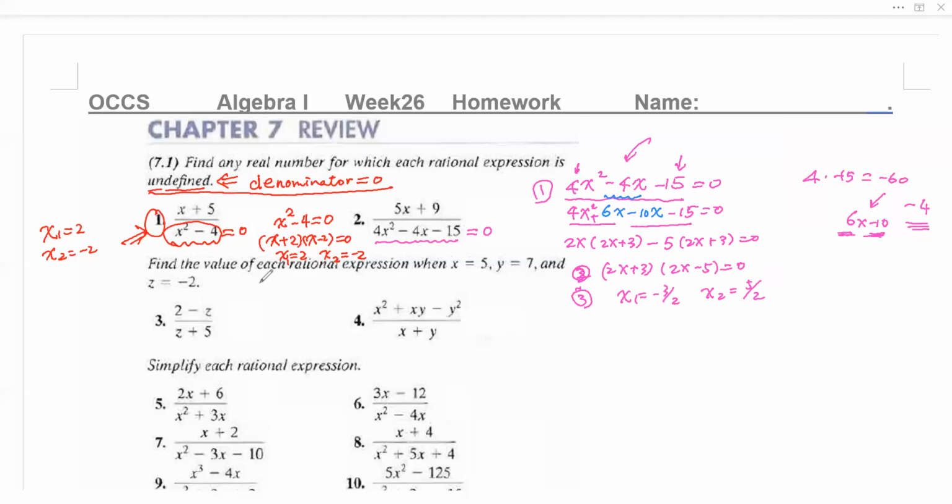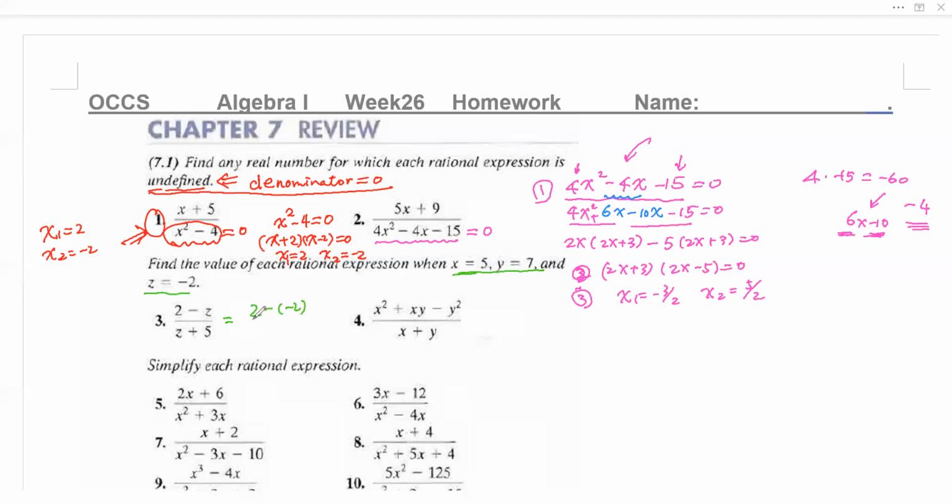All right. Find the value of each rational expression. Oh, they give the values already, right? Given x is 5, y equals 7, and z equals -2. So that would be easy for everyone. Just replace these kinds of variables with the numbers. That's super easy.